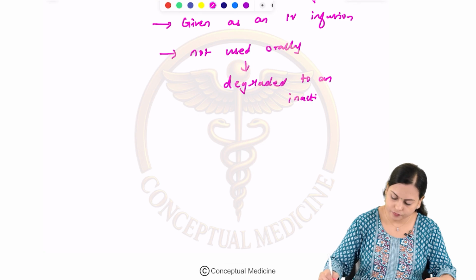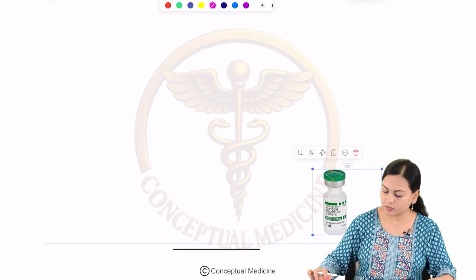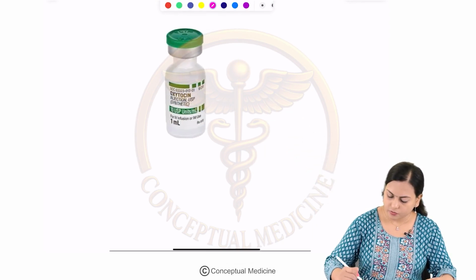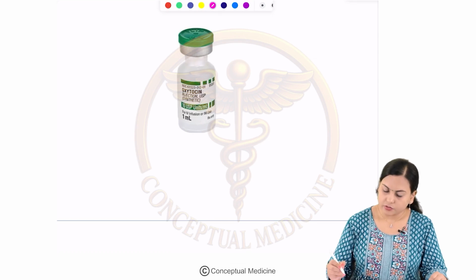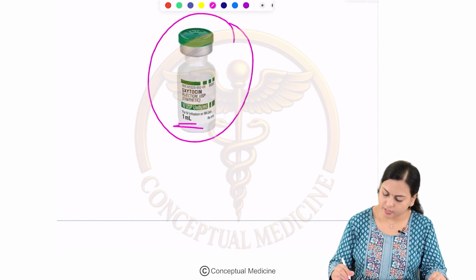So, this is oxytocin. You are able to see oxytocin. This is the ampule of oxytocin. You are able to see that there is 1 ml of oxytocin in an ampule, and that is going to contain 10 units.